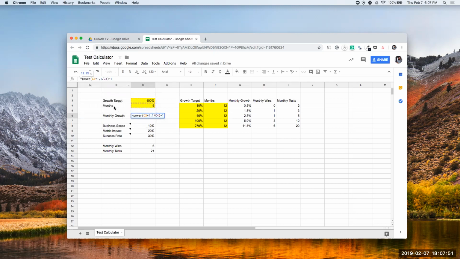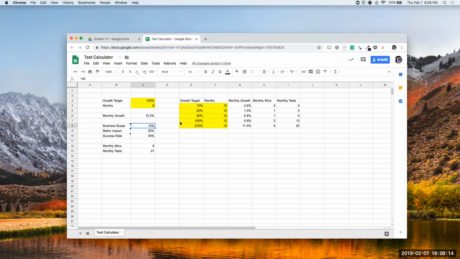It doesn't have to be months, it could be weeks or whatever. Then you take 1 away from the result. And that's what you get. So if I said I wanted to triple instead, that's 26% growth every month. If I only want to grow 20% over 6 months, I only have to grow 3% a month. So that's that.